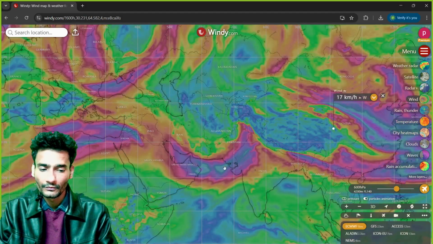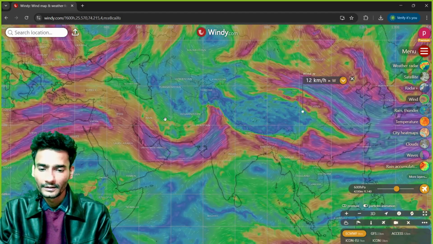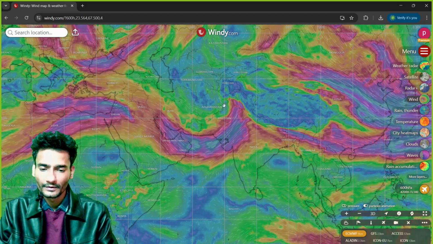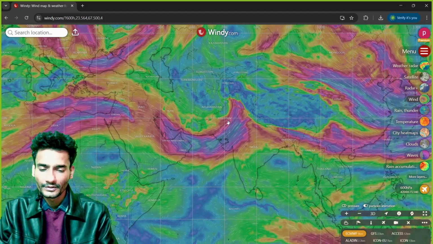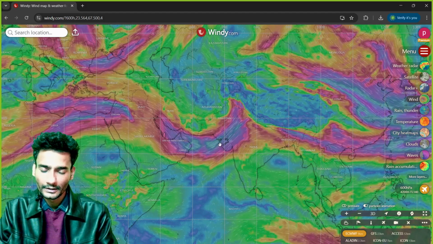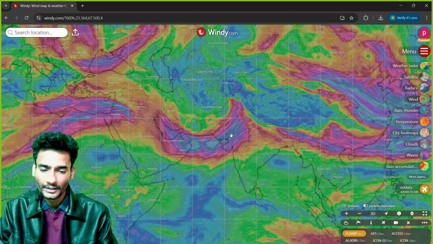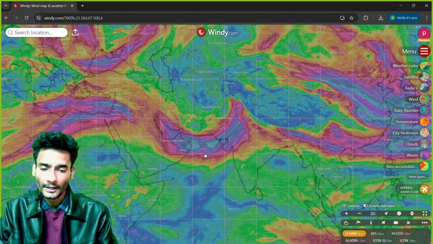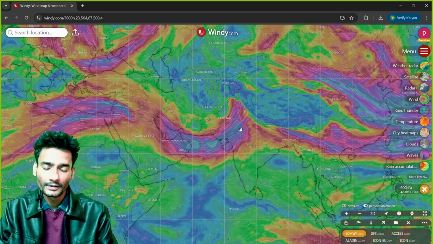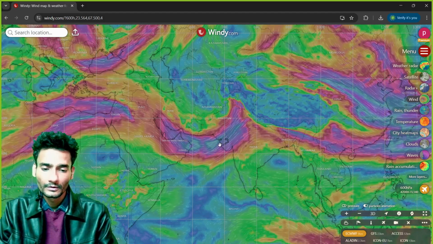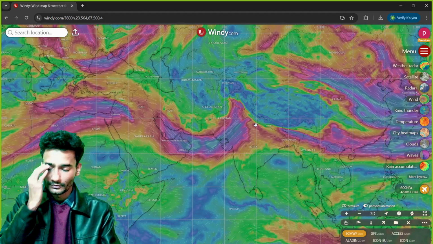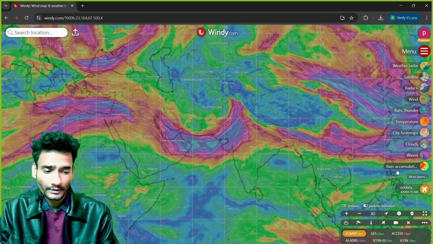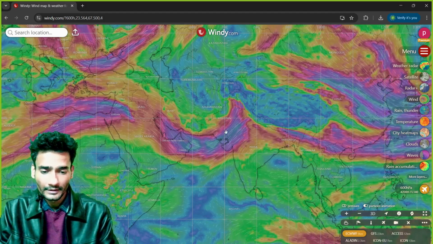If you go to around 4 kilometer height, we will clearly see that there is a system, and the winds are circulating around the western disturbance, taking a clockwise turn from the Arabian Sea toward Jammu and Kashmir. And while doing so, they are advecting moisture from the Arabian Sea towards North India and Central India. So this is why we are seeing clouds over that region.